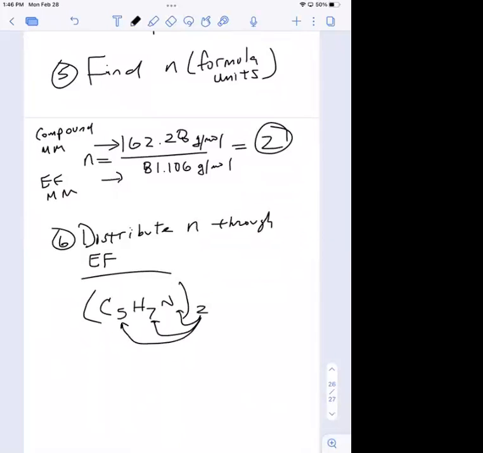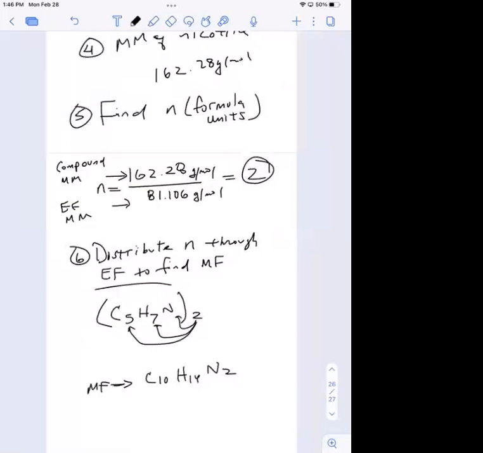Basically multiply each term by 2, each subscript by 2. So the molecular formula is going to be C10H14N2. Anybody not following or not catching it or not seeing what we're doing?